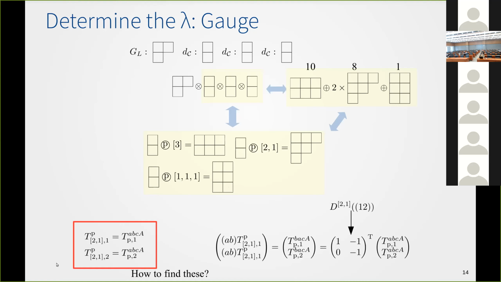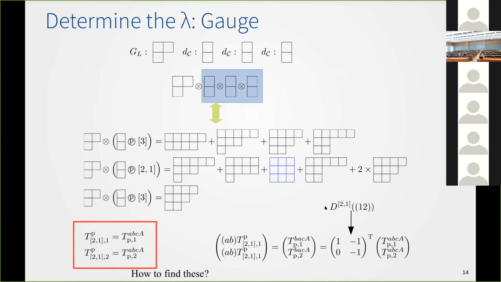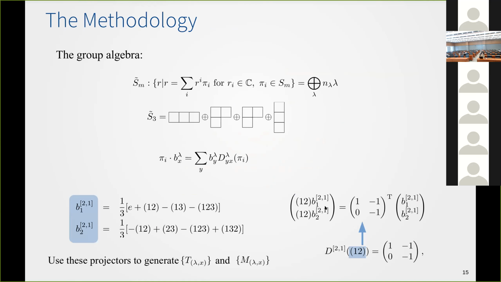So the problem is how to find these such that their transformation properties are related to a predefined conversion or representation matrix of the permutation group. So this is where the group algebra projector comes in.